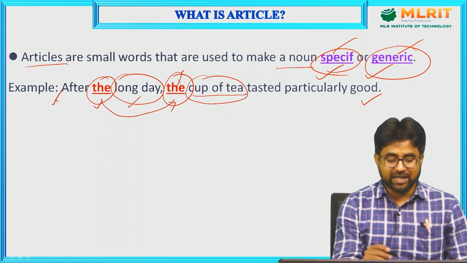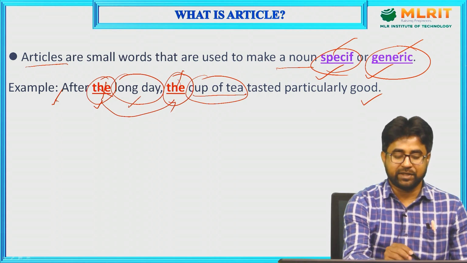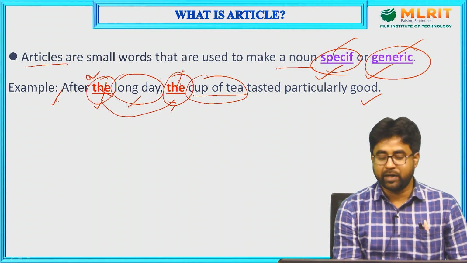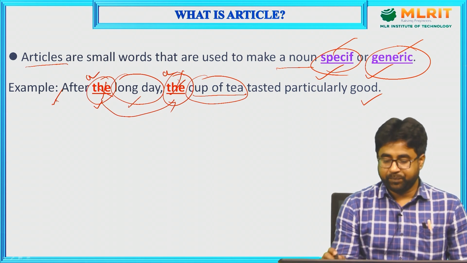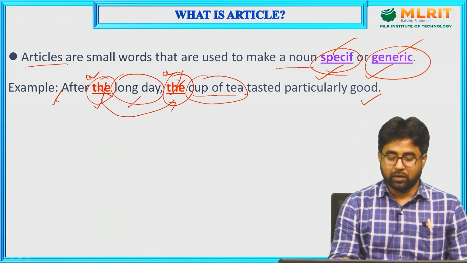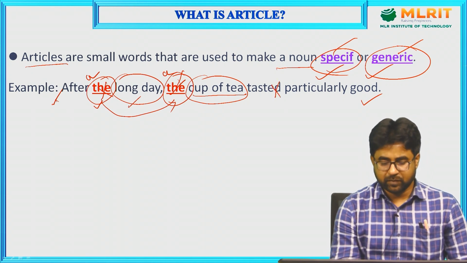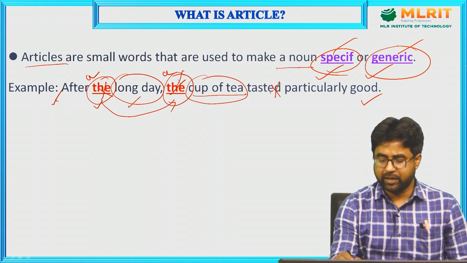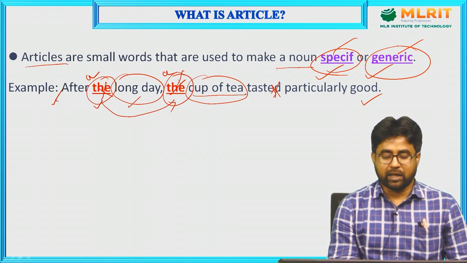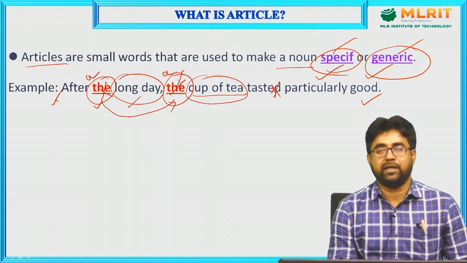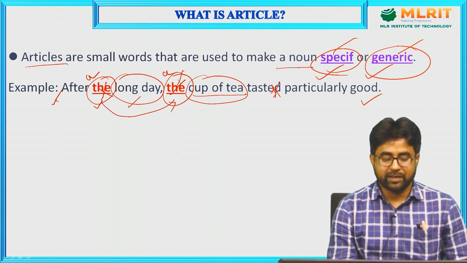Now just change the article here. Let's say if instead of the, we put: after a long day, a cup of tea tastes particularly good. So what would be the difference in this sentence?